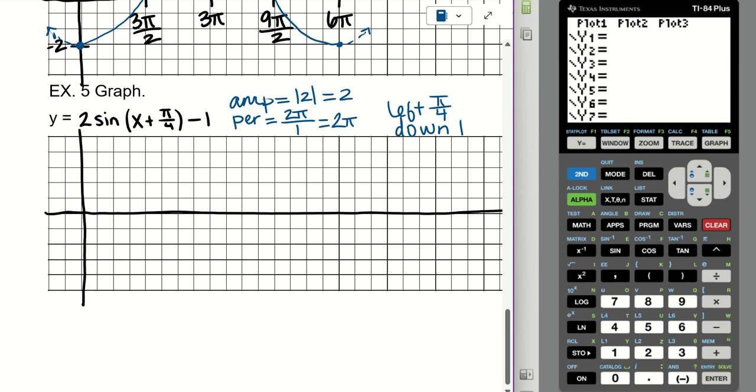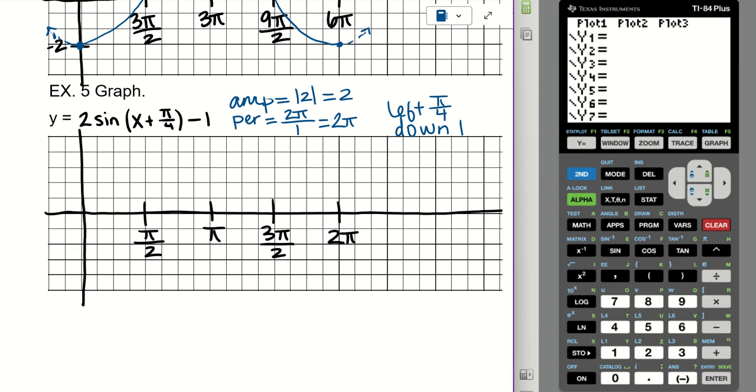Since my period is 2 pi, I want to make sure however far to the right I go that that is labeled 2 pi. So I'm just going to go every 4 again. So this last one is 2 pi. I divide this up into 4 even spaces. So halfway is pi, 1/4 is pi over 2, and then halfway between is 3 pi over 2.